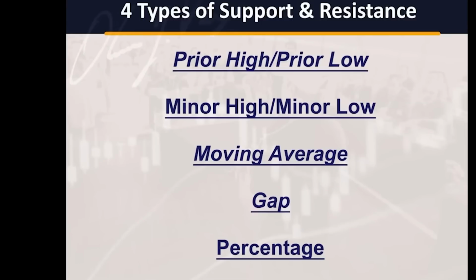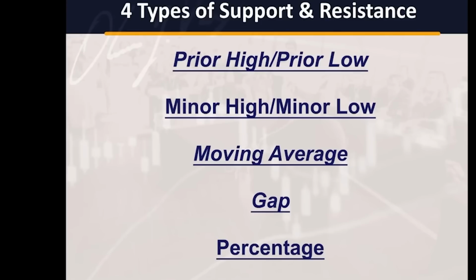There's prior high and prior low support and resistance. So of course, prior high resistance, prior low support. Then there's minor high resistance and minor low support. That's type number 2. Then you have moving average support and moving average resistance.